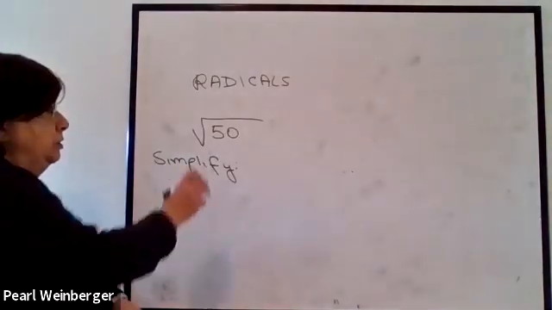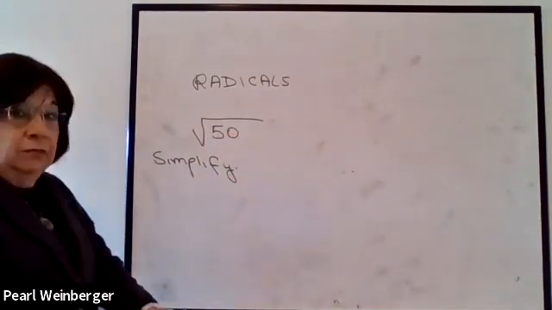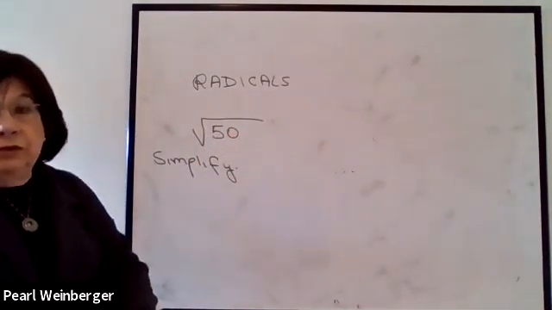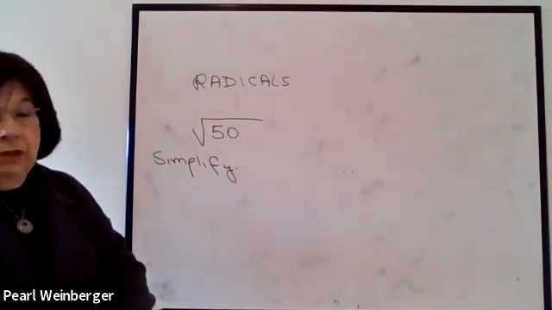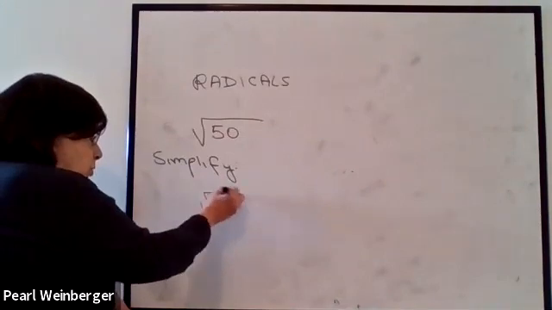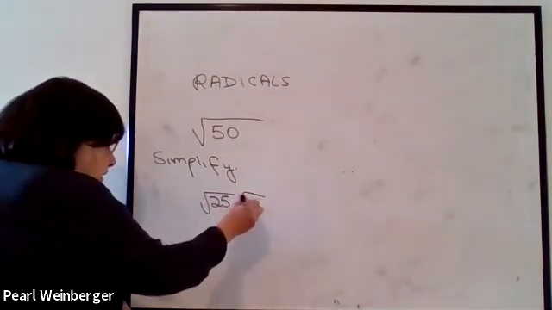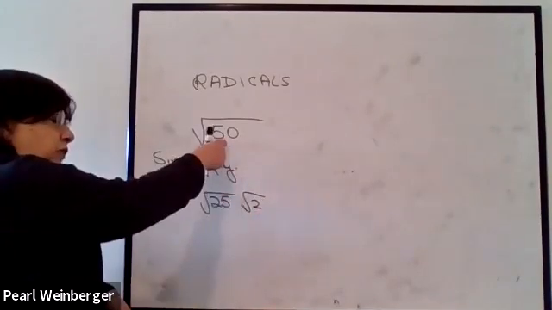We break the number up into two numbers that multiply to 50, and one of the numbers has to be a perfect square. Now, if you think about it, 50 can be broken up into 25 and 2. 25 times 2 is going to give us 50.